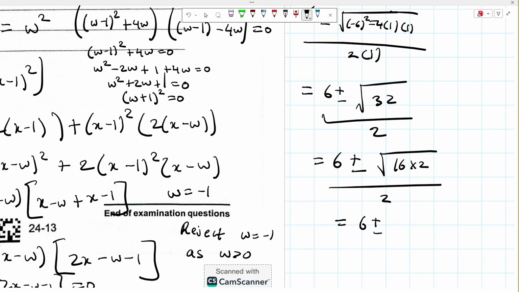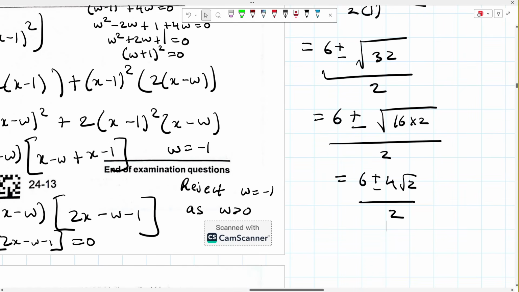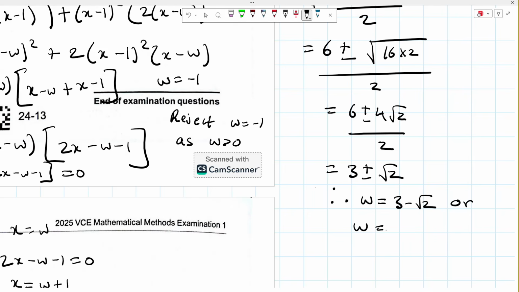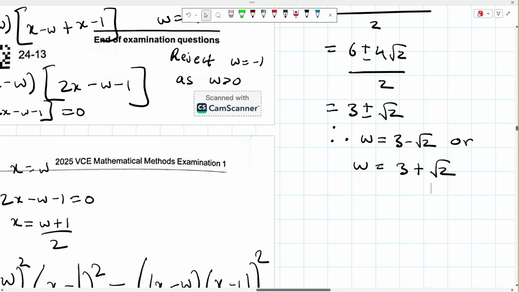So we get 6 plus or minus 4 root 2 over 2. You can divide everything through by 2. We get 3 plus or minus root 2. So therefore, the positive values of w that give exactly 3 solutions are w equals 3 minus root 2, or w equals 3 plus root 2. That's going to be our final answer.